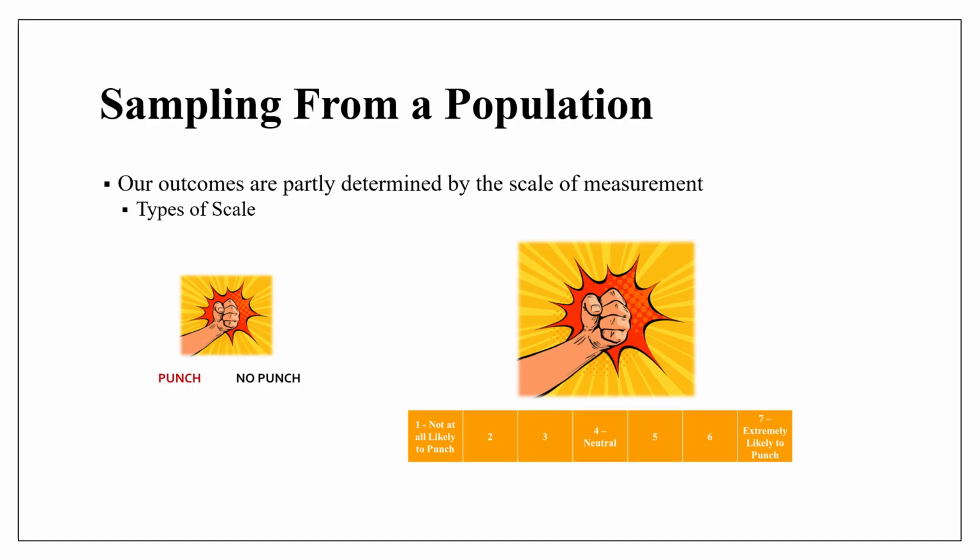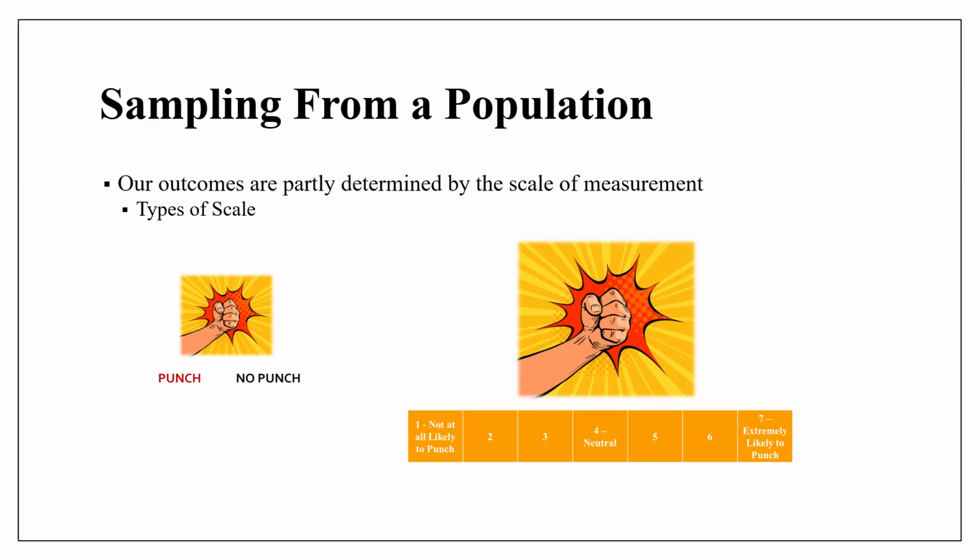And there are 2 things that I want to emphasize about this. The first one is that our outcomes are going to be partly determined by the scale of measurement. So again, what type of scale are you using to measure this particular behavior? Well, in the case of the example that we started with, we have aggression being measured as whether you actually punch or didn't punch the person.